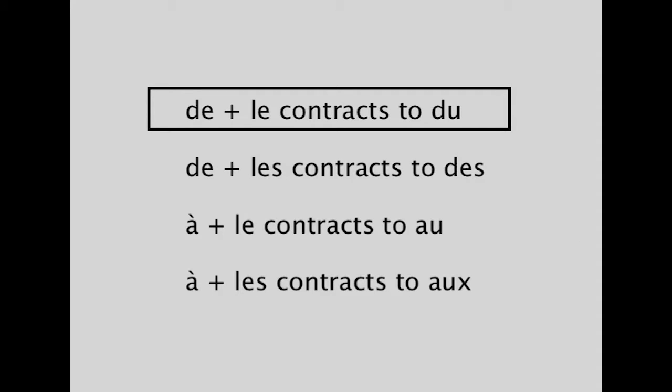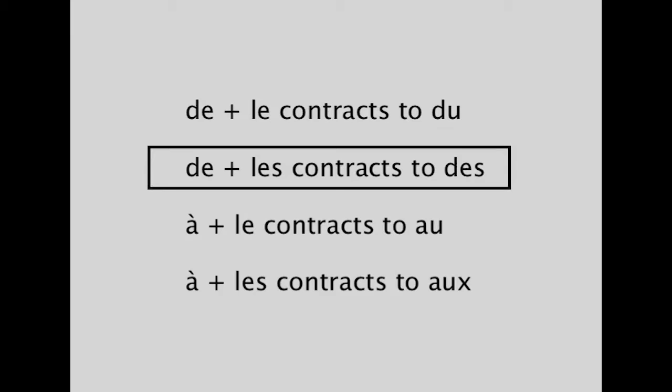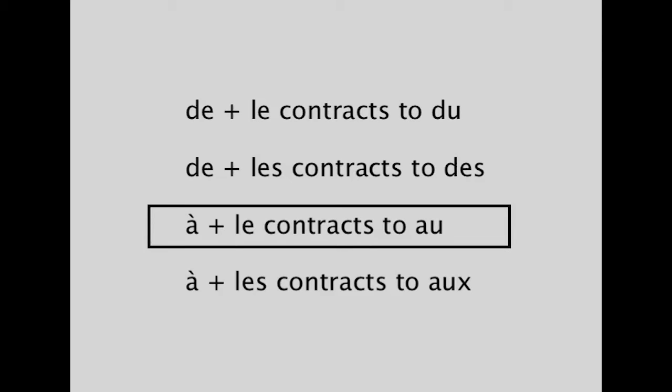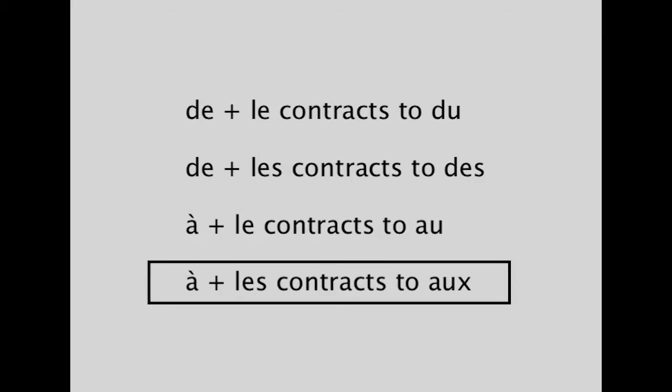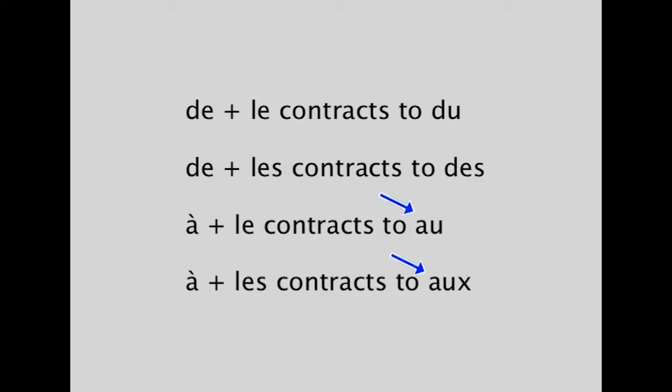De plus le contracts to du, and de plus les contracts to des, and à plus le contracts to au, while à plus les contracts to aux, with an x. Both AU and AUX have the same pronunciation, but AU precedes a singular noun while AUX precedes a plural noun.